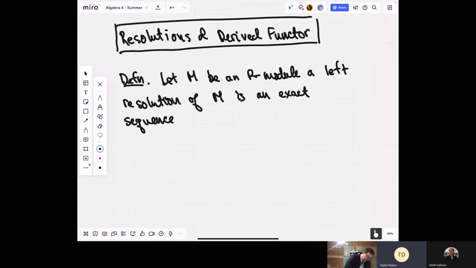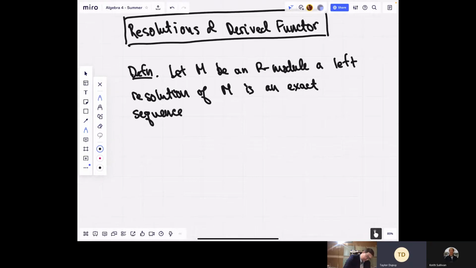And I'm going to write it in a kind of a funny way. So I'm going to write it P0 like this. And so I'm writing it with lower index notation. So maybe I can say a little bit about that. So we have this P2 ... like so. Is an exact sequence like this. So this is what a left resolution is.